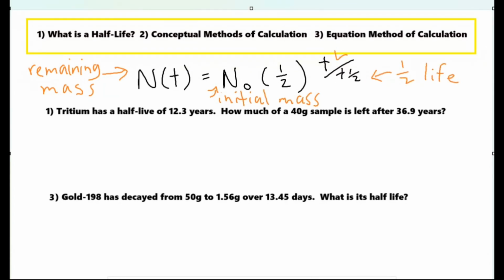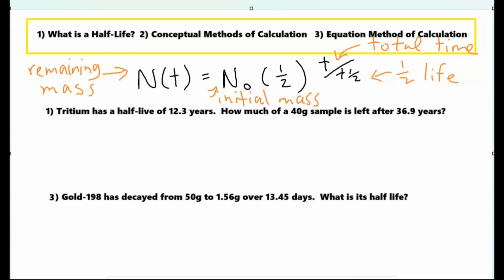And then T is your total time. Now, like I said, I tend not to use this equation because it can be pretty helpful, but a lot of times you can kind of reason your way through the problems as I did before, and the calculations turn out to be fairly easy.